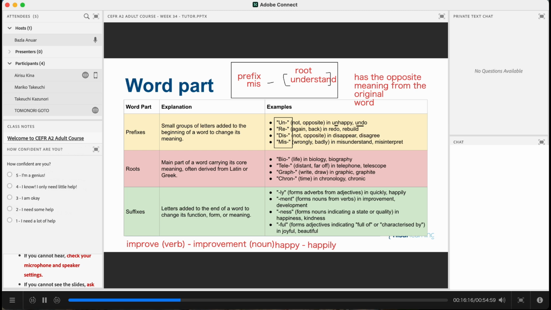All right, very good. So let's try to answer this exercise here on prefixes. Yes, it is, because again, it has an opposite meaning. Good example there.